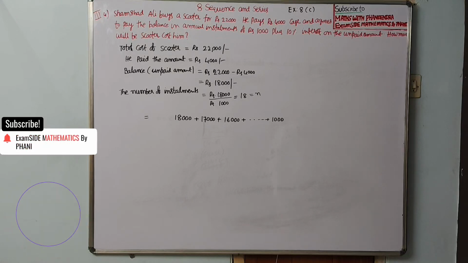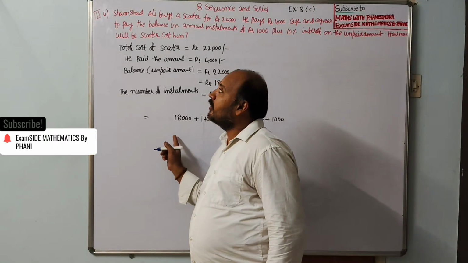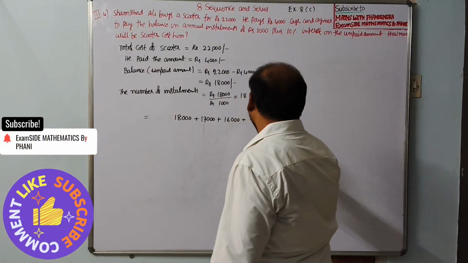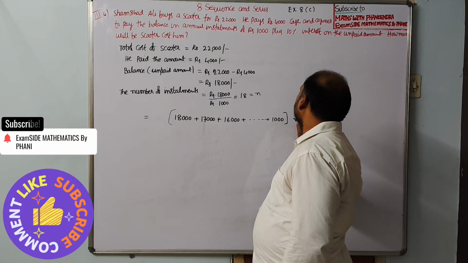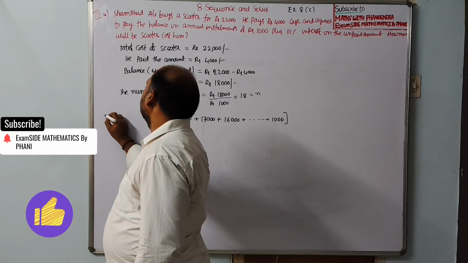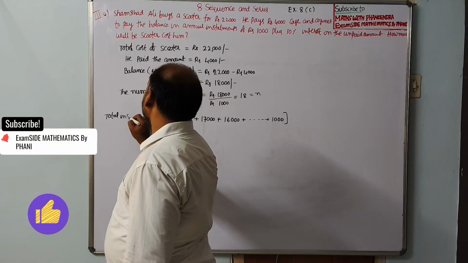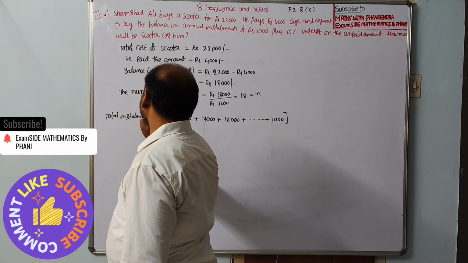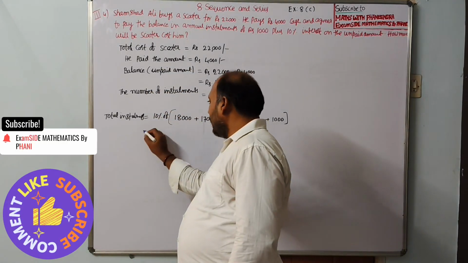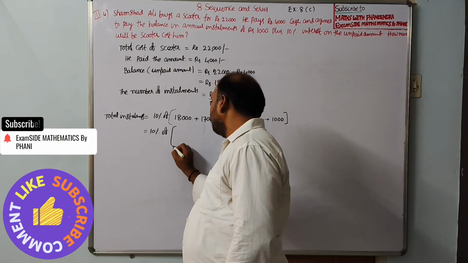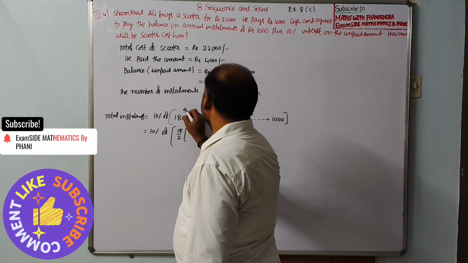But how much percentage? For this type of problem we already did in question number 3, I think. And this is the amount, for this interest also. Here I will write it. Total interest on installments is 10% of this bracket value: n by 2 into A plus L, where n is 18, this is the first term and this is the last term.